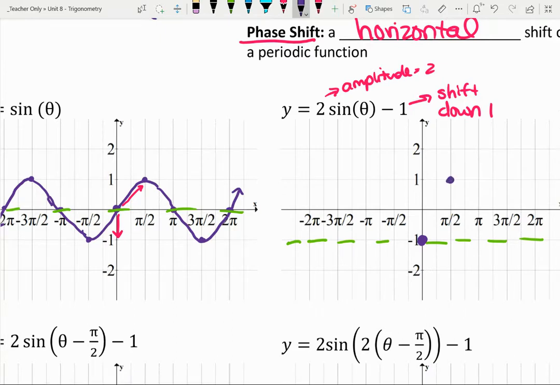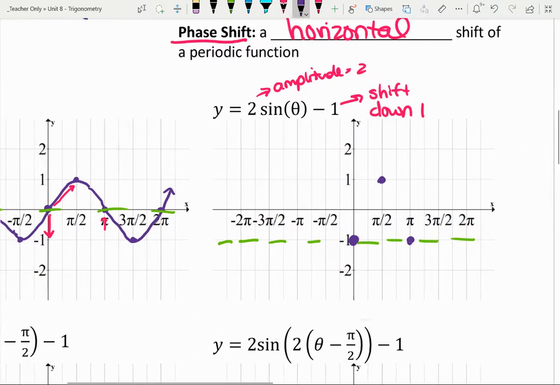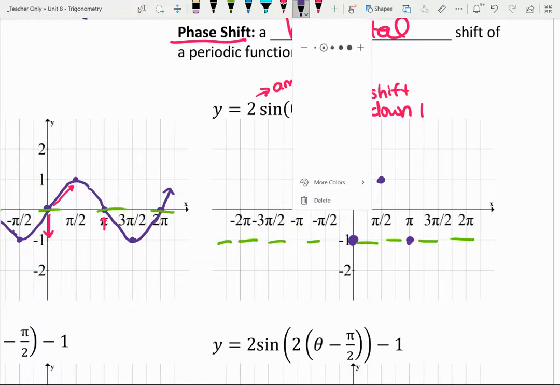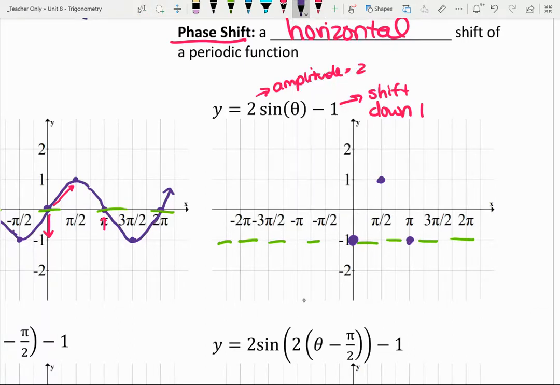So in this case, it'll be at the point pi halves, 1. It goes back to the midline at pi. So our transformed graph should go back to the midline at pi as well. It drops below the midline at 3 pi halves, and in this case, below our midline will be at 3 pi halves, -3, which got cut off the graph there, unfortunately, and then back to the midline at 2 pi.